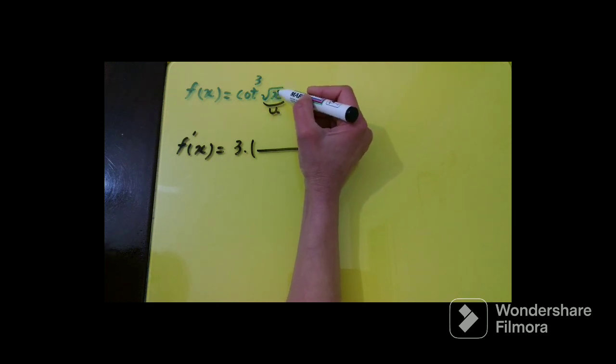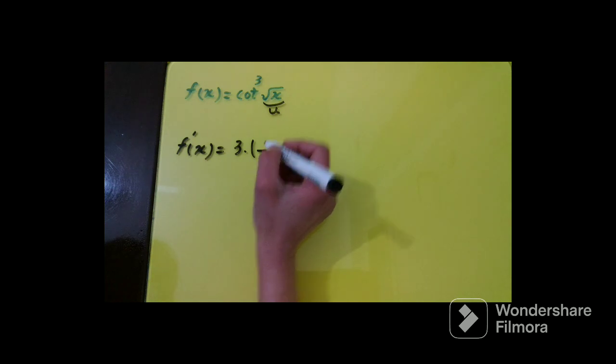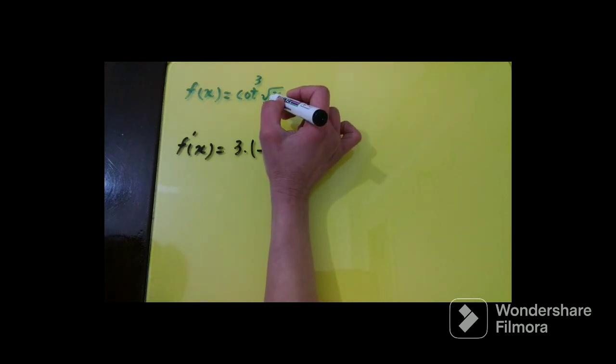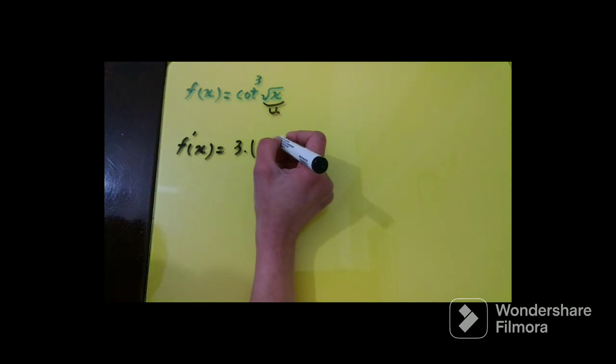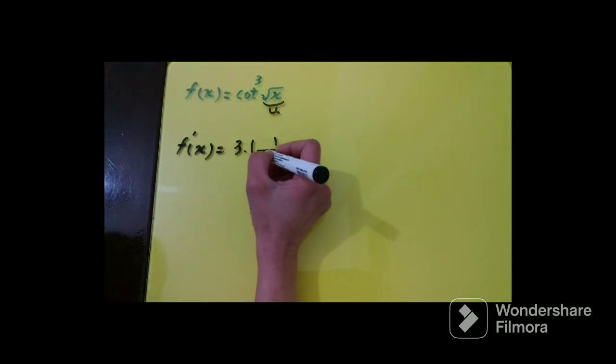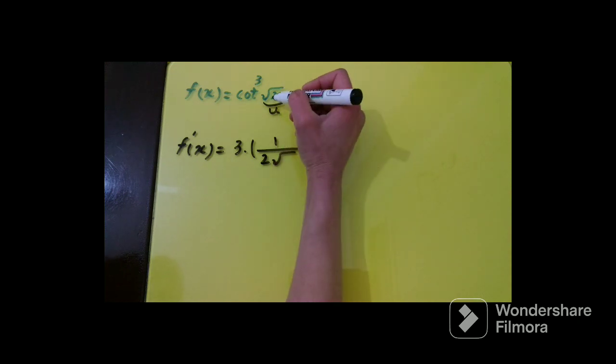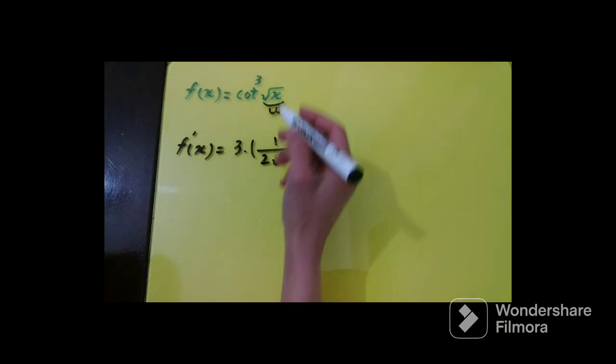The derivative of x is 1, because the power is 1, just the coefficient is the derivative. And for down, you should write 2 times square root of x.